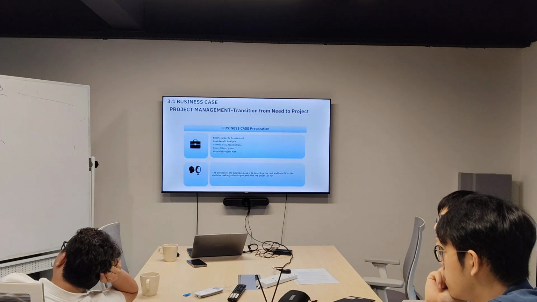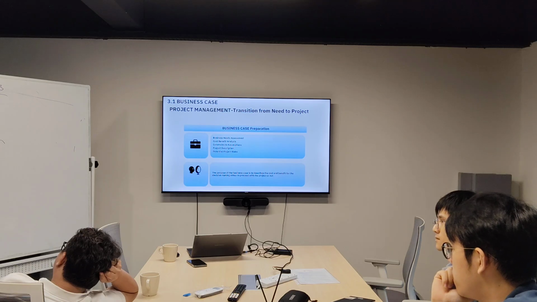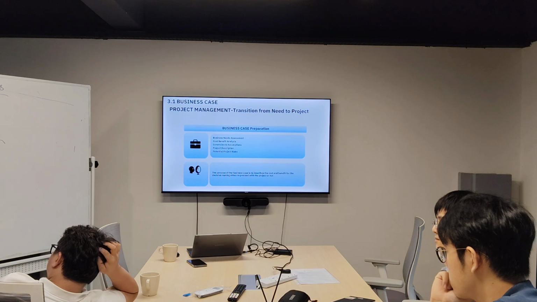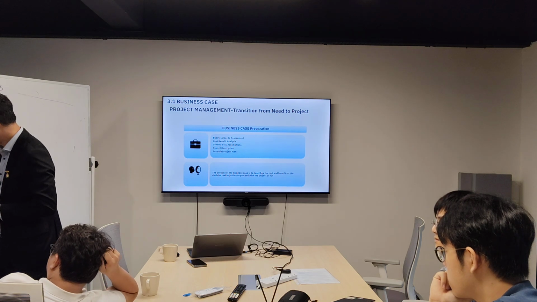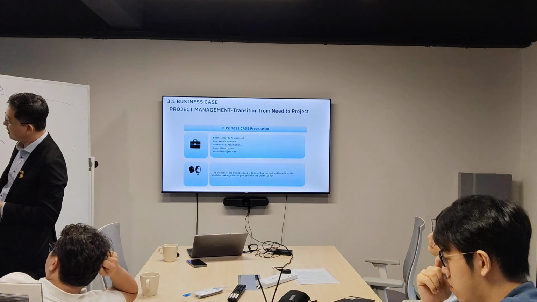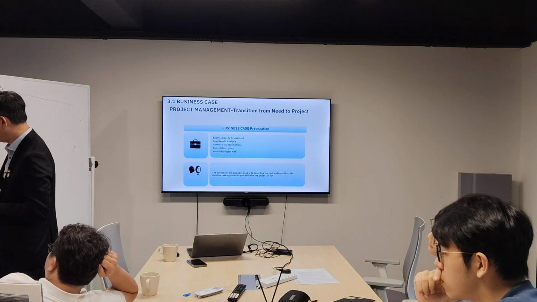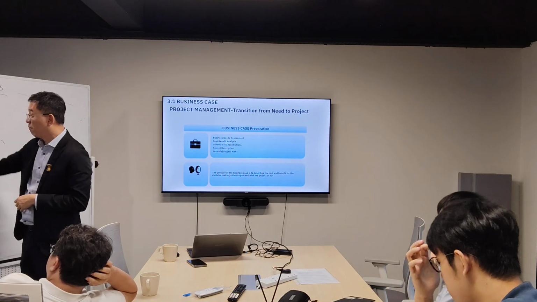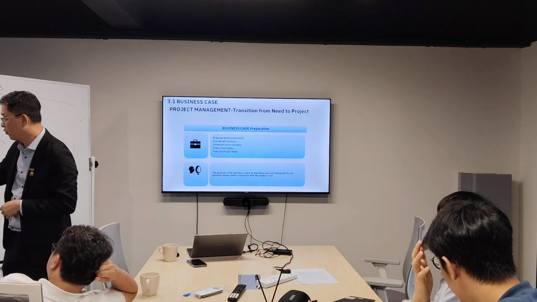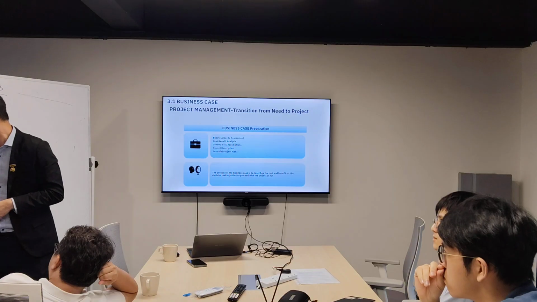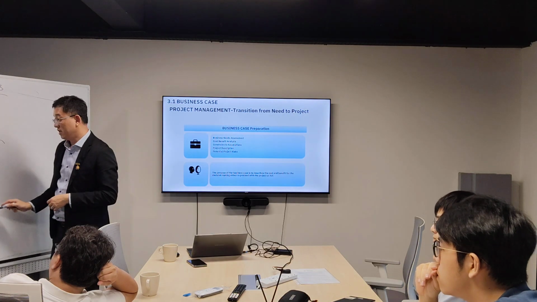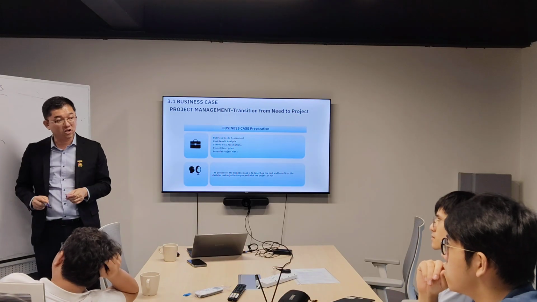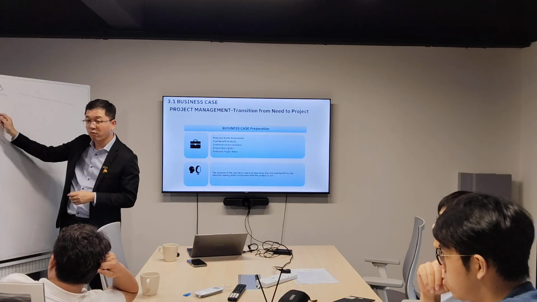So the formula: cost benefit ratio is equal to benefit over cost. Project A is 1.2. Project B is 1.1, because benefit divided by cost is 110 over 100.